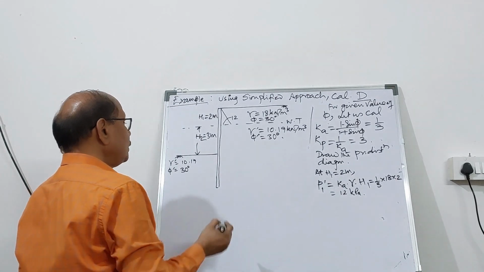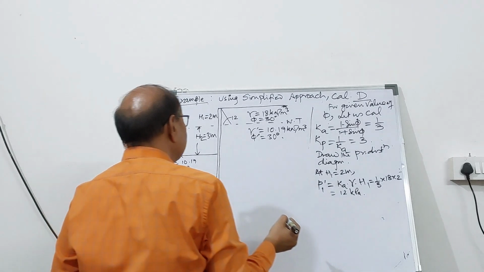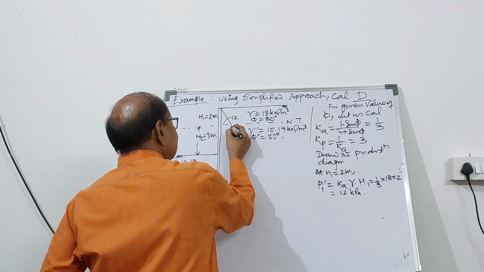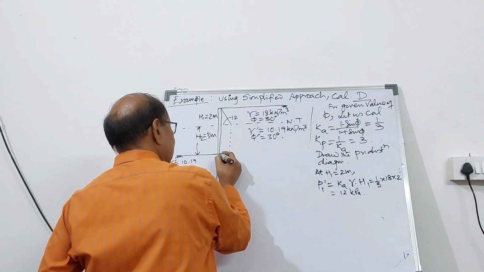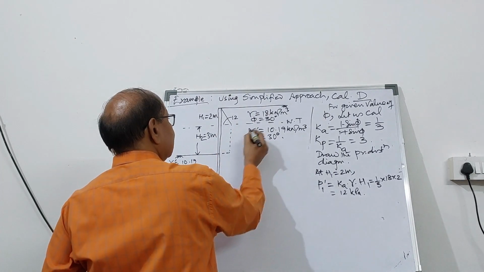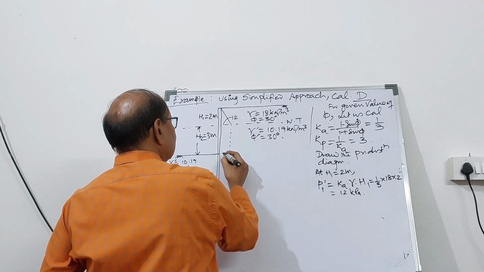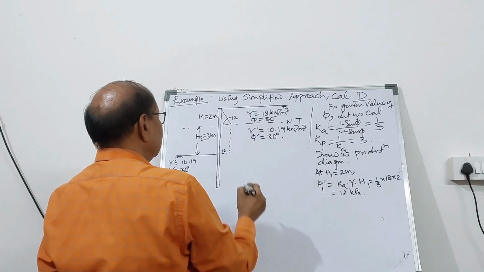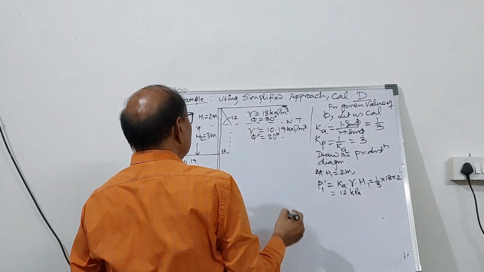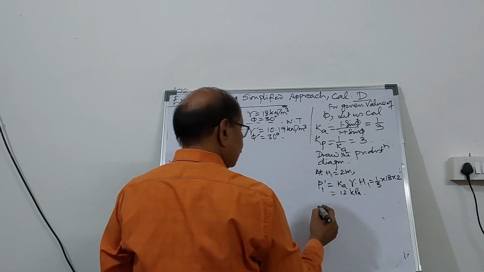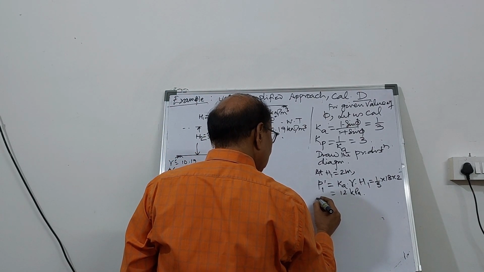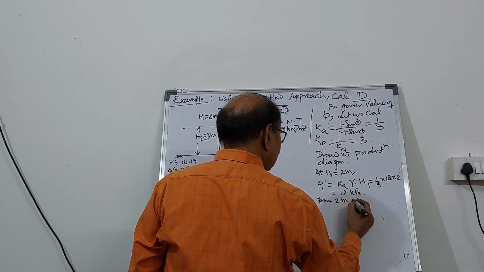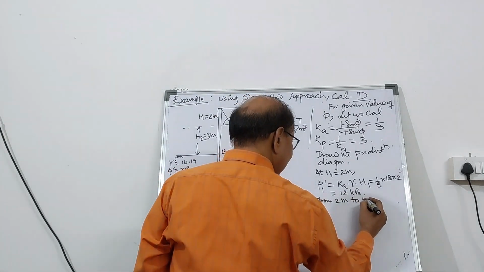Now, at H2, so now the situation is changing. Here, it's a water table, and therefore, this is going to be 12 kilopascal. Now, below 2 meters, so from 2 meter onwards, 2 meter to 5 meter.